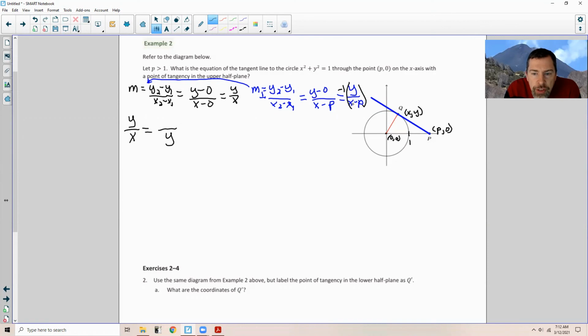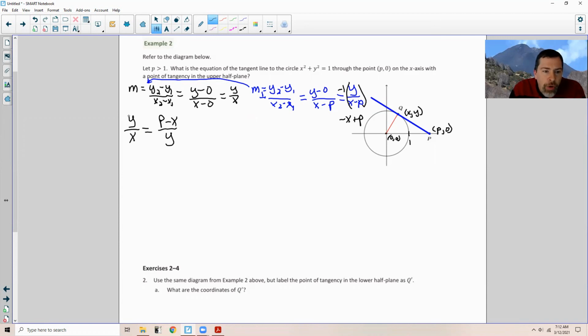You don't want to switch the top and the bottom and make them both negative, because a negative divided by a negative is positive and it's still going to be the same. So you only want to change the sign of the numerator. Distributing this in the denominator, we'd get a negative x plus p, which rearranged is p minus x. Hopefully you followed that.